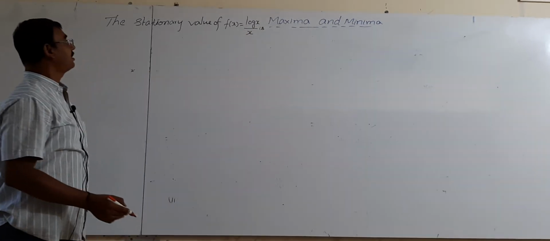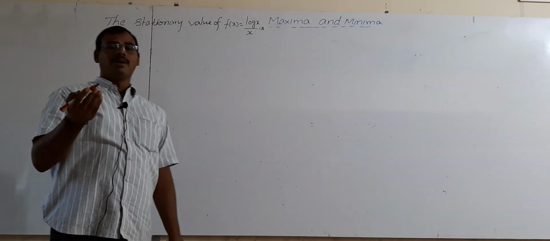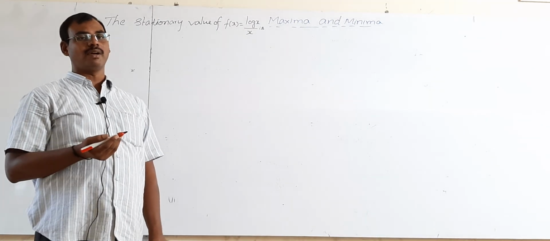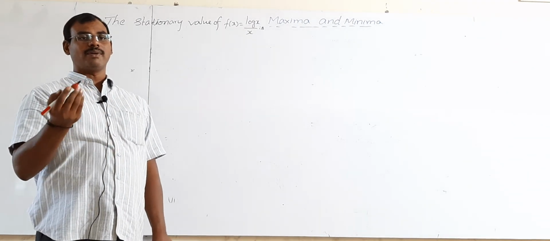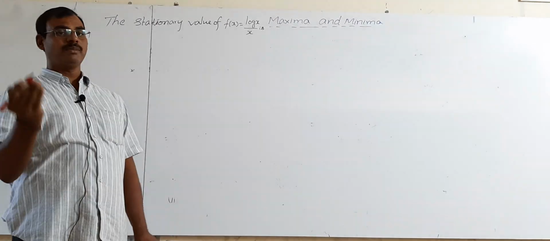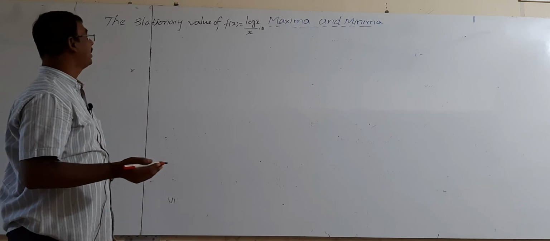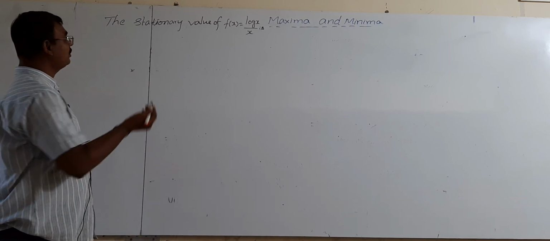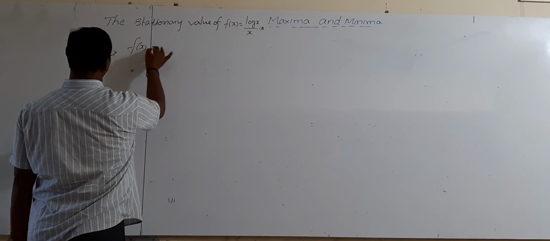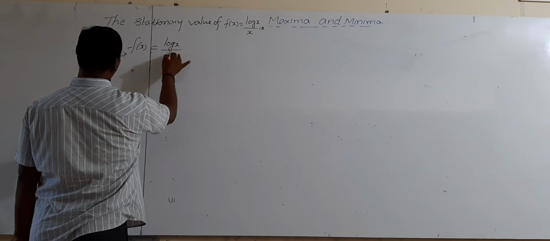What is the stationary value? We know that f(a) is called the stationary value. Put f dash of x equal to, what is the stationary condition? The first derivative will be 0. Then f(a) is called the stationary value. So only find the first derivative. Take the function f(x) equal to log x divided by x.